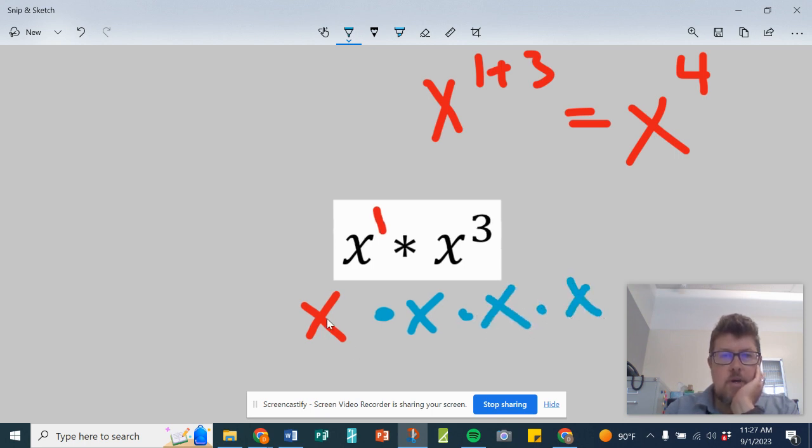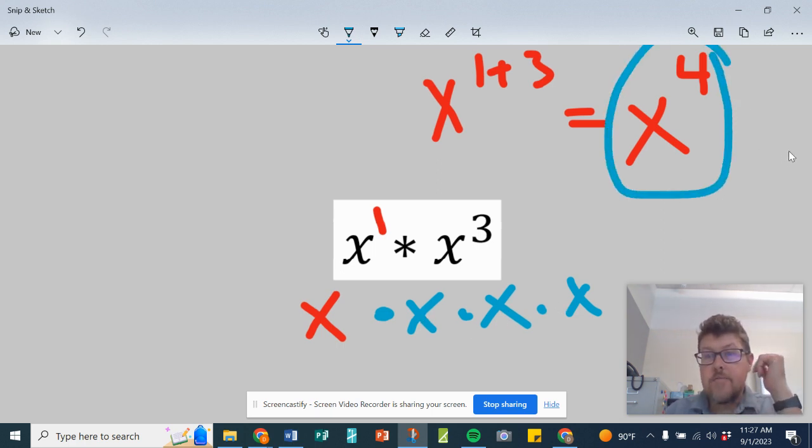Then when you count them, you've got 1, 2, 3, 4. So you've got x to the power of 4. That's the idea. So x times x cubed would be x to the power of 4.